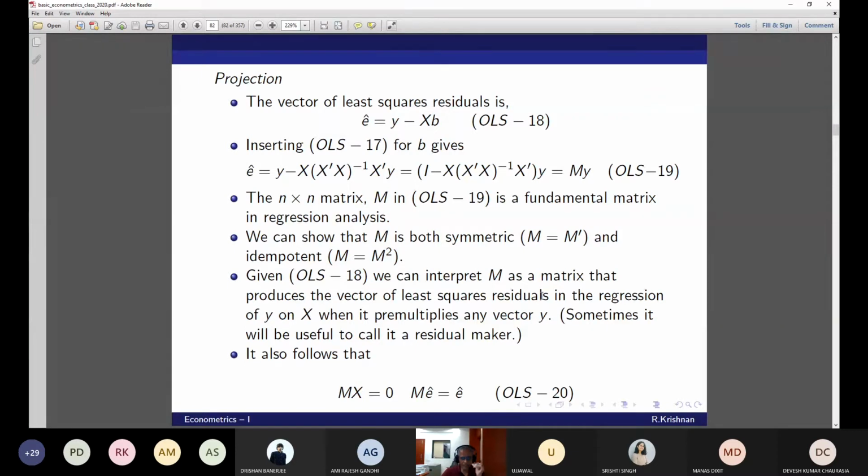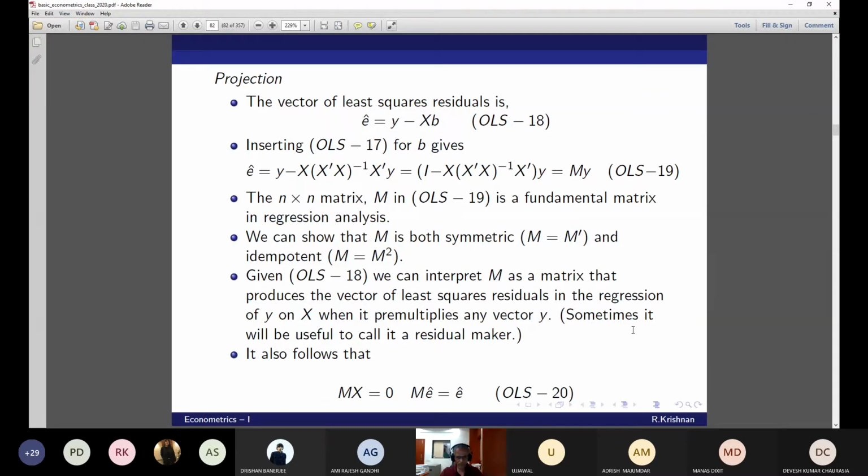So you can go on multiplying like this. Given 18, we can interpret M as a matrix that produces the vector of least squares residuals. Given y, you just pre-multiply the observations on y with this matrix, and it produces the residuals straight away. Interpret M as a matrix that produces the vector of least squares residuals in the regression of y on X when it multiplies any vector y.